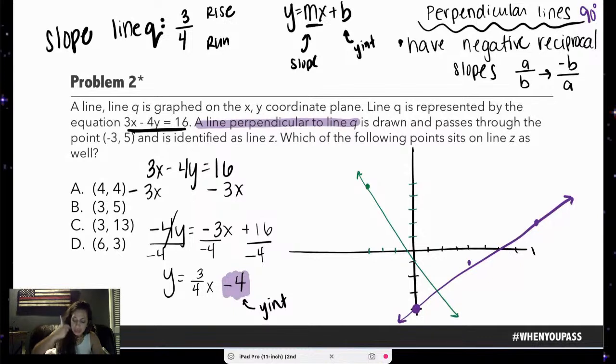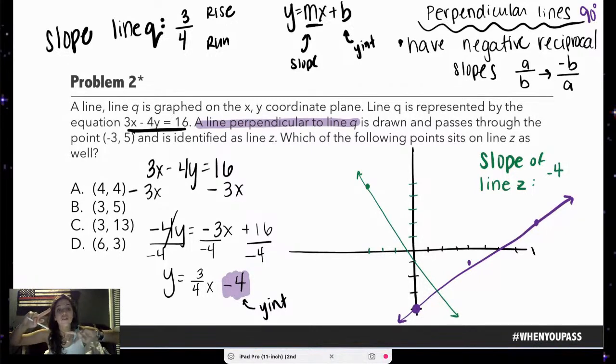So now I know I need a line that has a slope of what? The slope of line Z is going to be negative 4/3. Why? Because it's the negative reciprocal of line Q. So I'm going to flip 3/4 and I'm going to negate it.